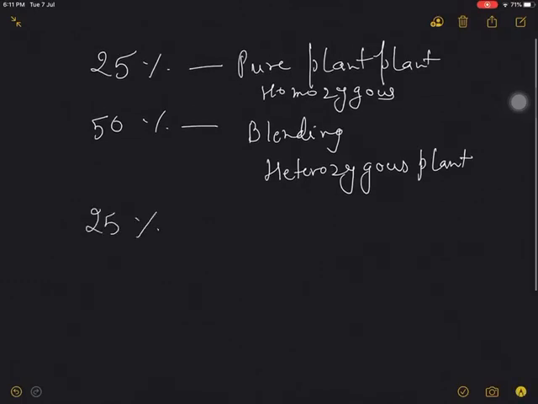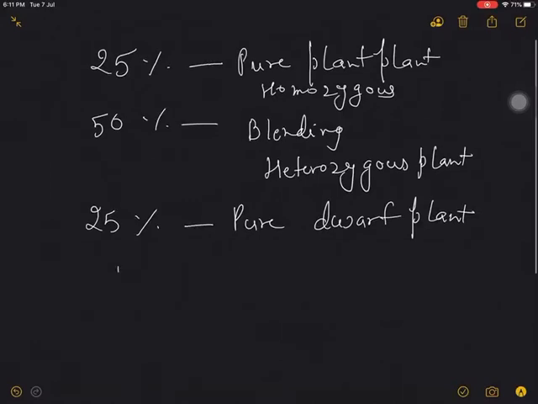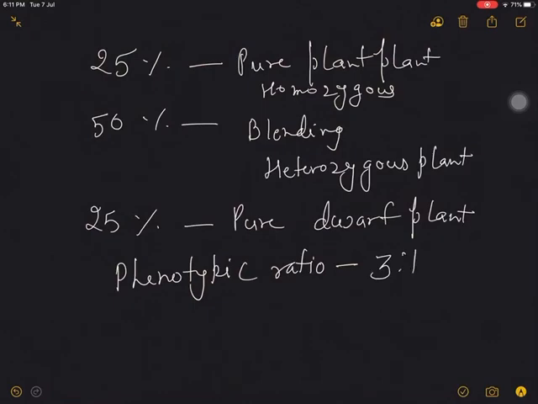And 25% pure dwarf plant. So phenotypic ratio means the appeared character, that is 3:1.